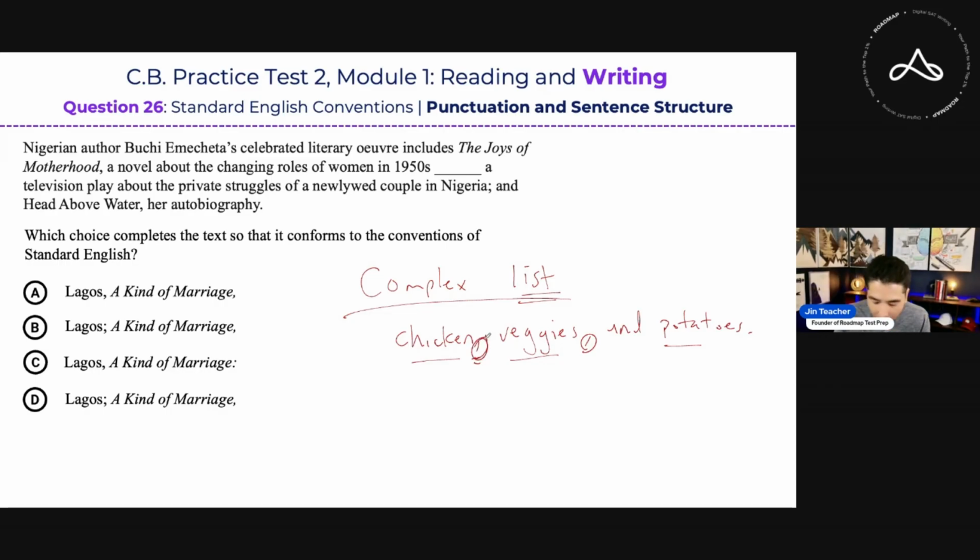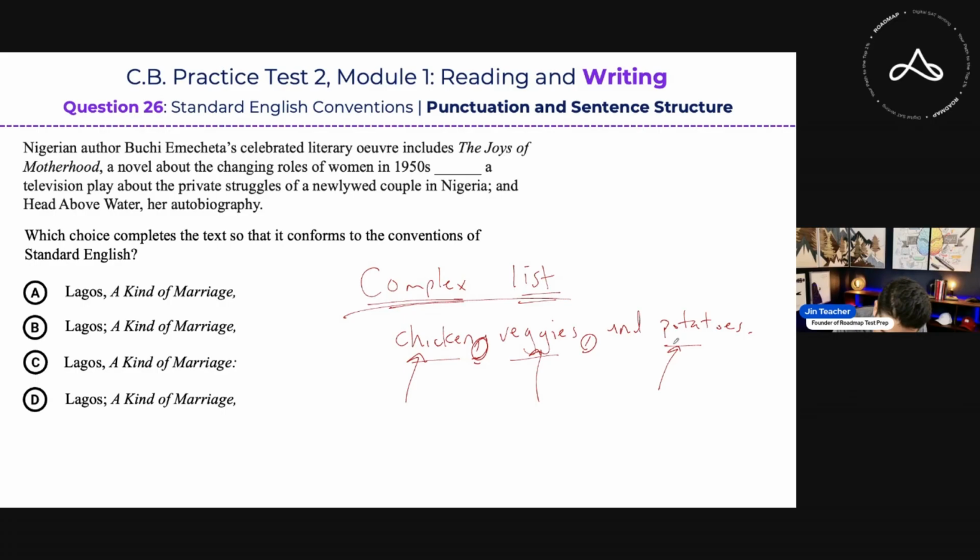But a complex list is when you have commas that are already used within each item in the list. What does that mean? A complex list is when you already have a comma used within each item in the list.